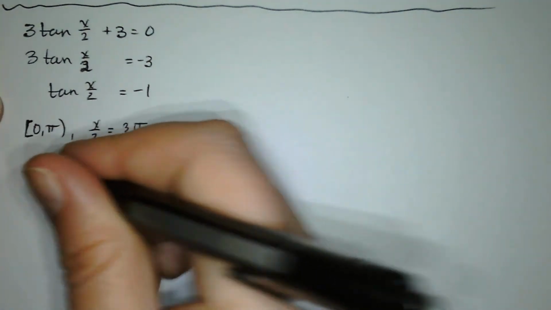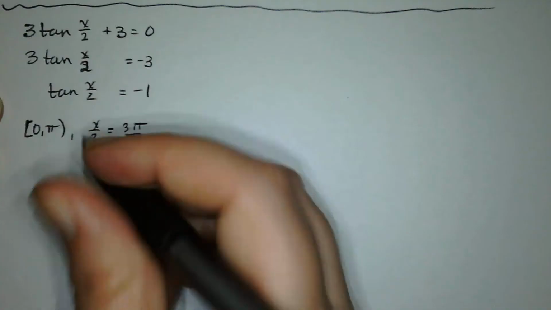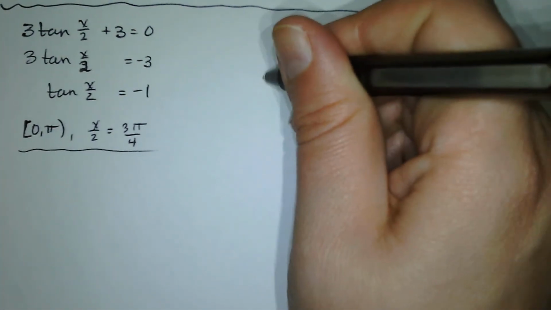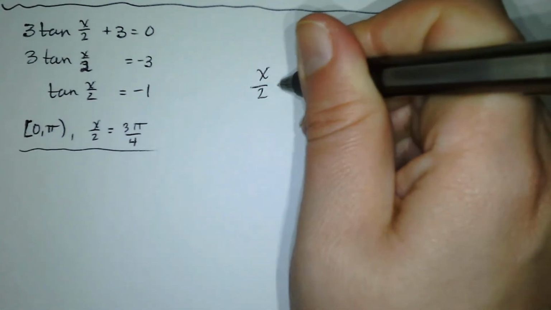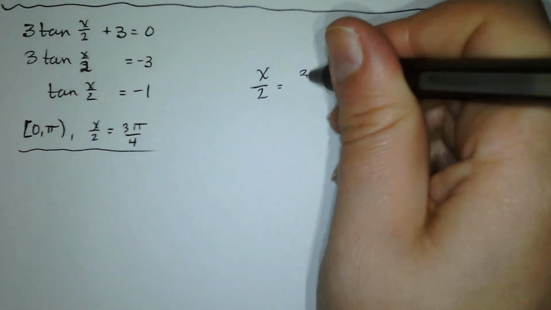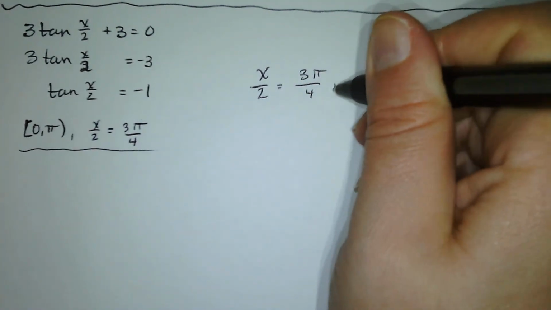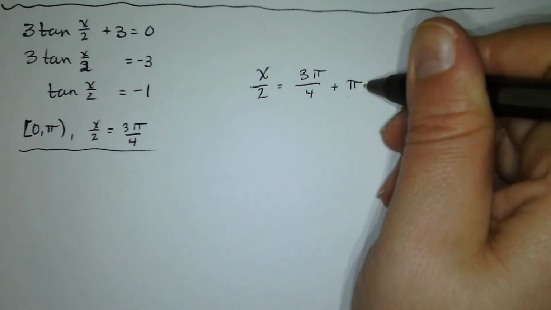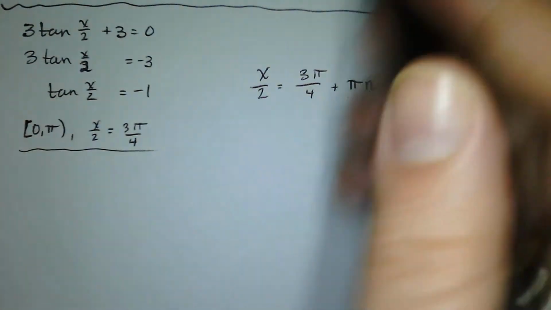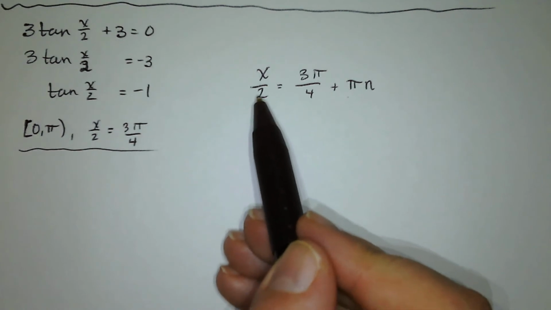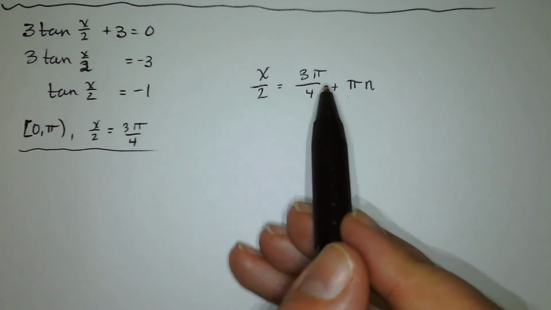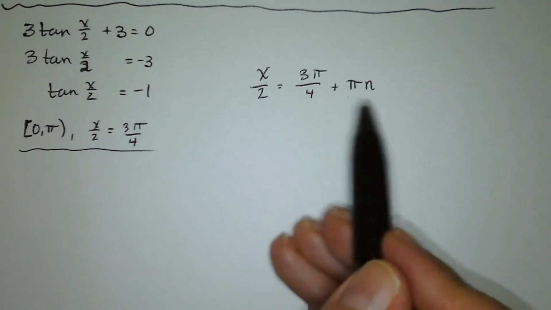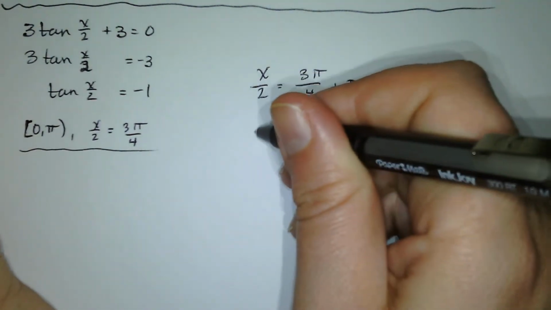So let's now think of this as far as infinite solutions. We would know that x over 2 is equal to 3 pi over 4 plus, this is the tangent function, so instead of 2 pi, we're just going to do pi n. Now we have to continue solving for x, so to undo the division of 2, we're going to multiply by 2, but we have to multiply the entire thing by 2. So this and this will get a times 2.